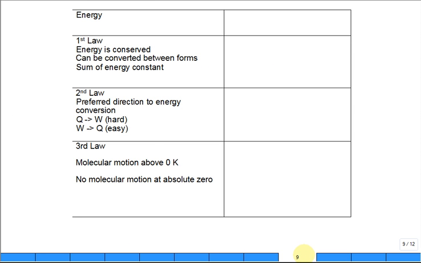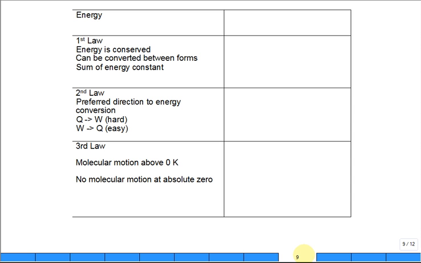I have a little analogy to help you remember first, second, and third law of thermodynamics. It's not original to me. It's been out there for many years. Well, first law, second law, and third law are all about really energy, okay? And the first law says energy is conserved. Energy can be realized in different forms. It can be internal, kinetic, potential energy, chemical energy, but energy is conserved.